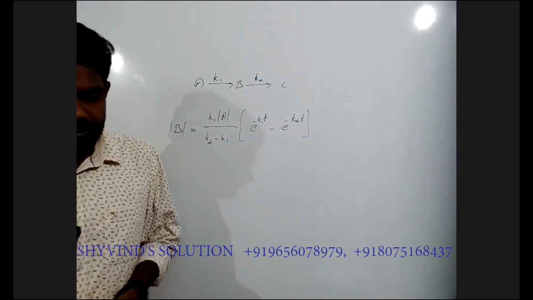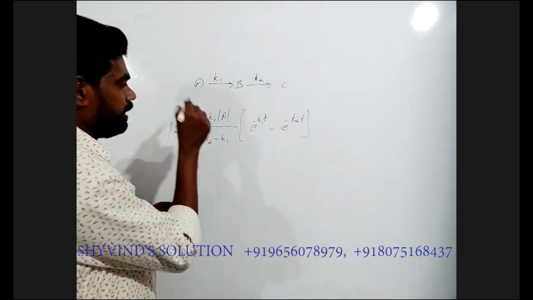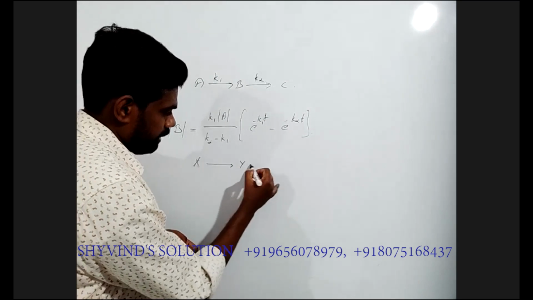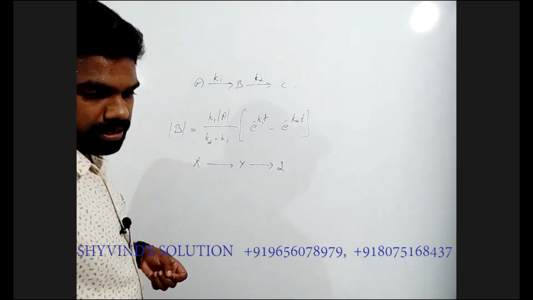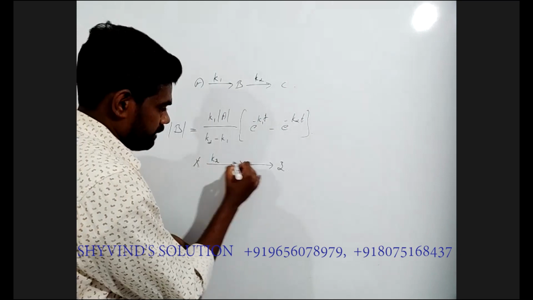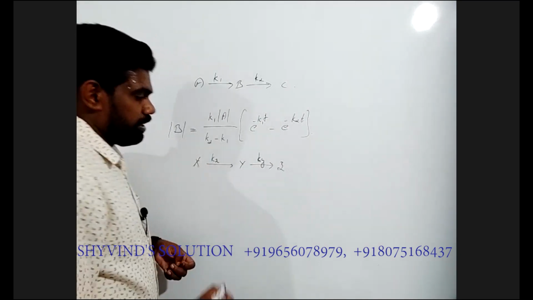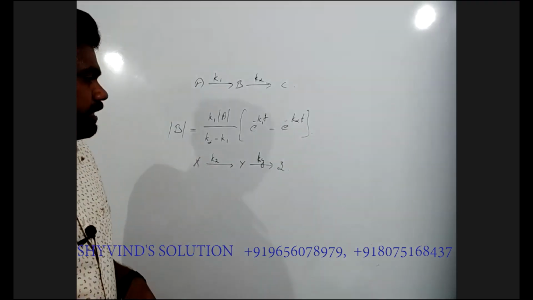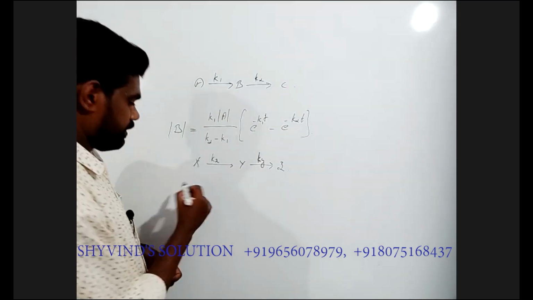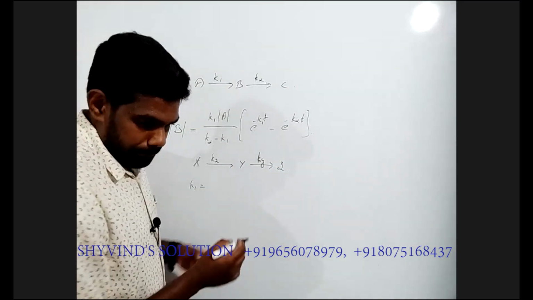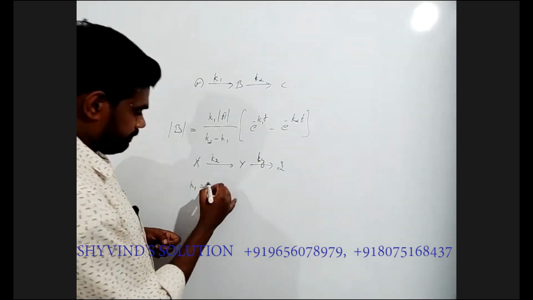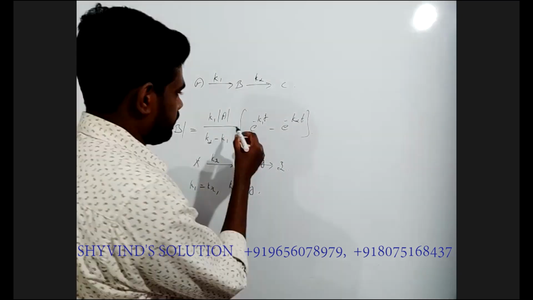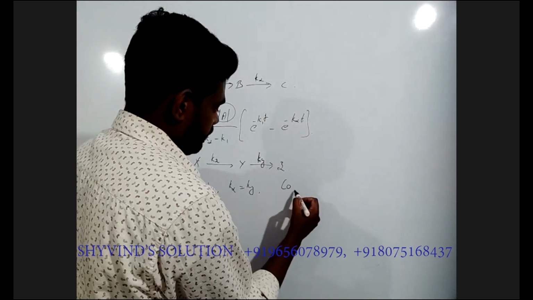If we substitute this in our equation, our reaction is X gives Y gives Z, and Kx and Ky are the rate constants for the first and second reactions. Instead of K1 we have Kx, and for K2 we have Ky. The initial concentration of A is given as C0.